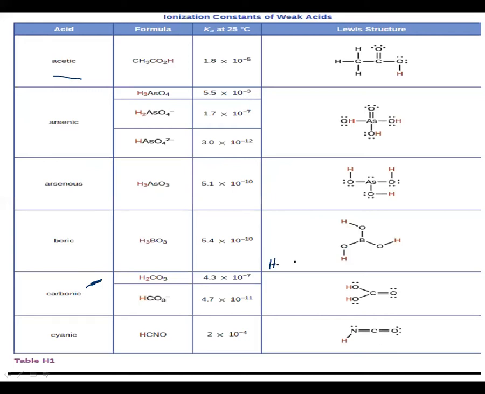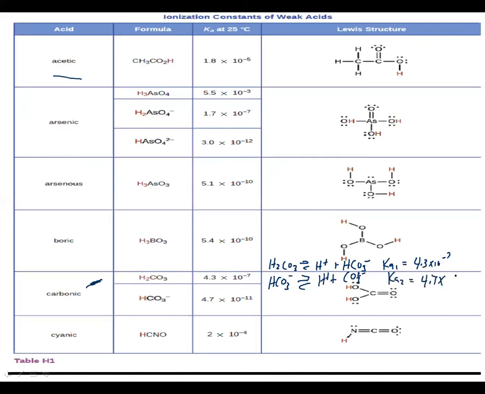The first thing that's going to happen is this guy is going to drop off its first hydrogen, and that would be Ka1, which from this table is 4.3 times 10 to the minus 7. Then the next thing that would happen is this guy would then lose its next H plus to get us to carbonate, and that would be your Ka2 value for that reaction that is occurring.